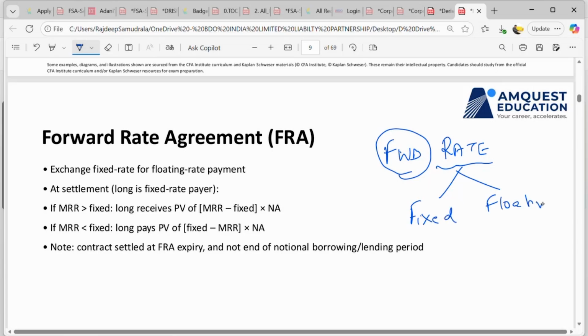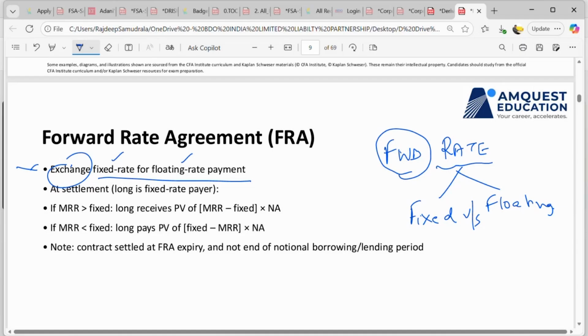When I enter into a forward rate agreement, I may either convert fixed to floating or floating to fixed. Obviously, there's no third answer, right? If I say fixed for floating, that means I'm receiving fixed and I'm paying floating.